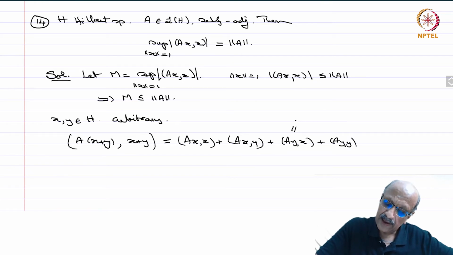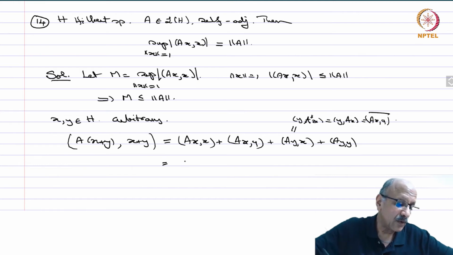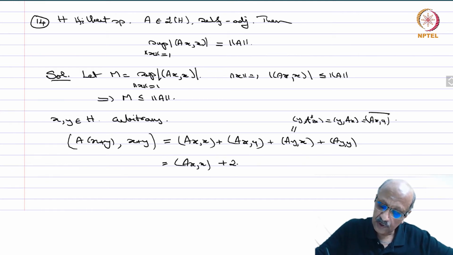Now what is A(y,x)? This is nothing but (y, A star x), which equals (y, Ax), which is equal to the conjugate of A(x,y), and therefore this is equal to A(x,x) plus 2 real part of A(x,y) plus A(y,y).